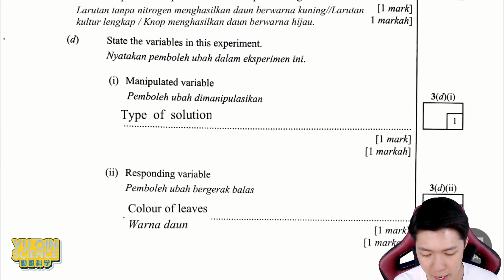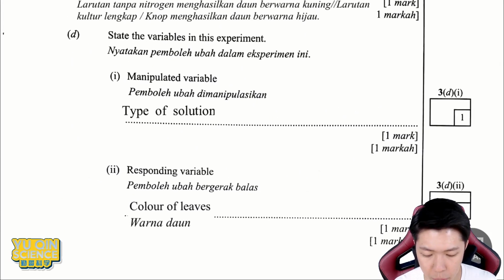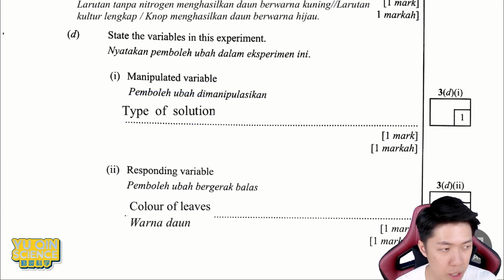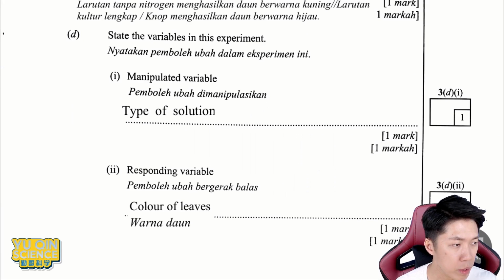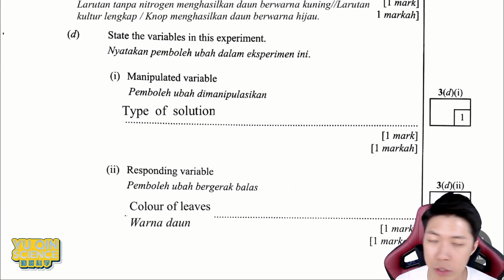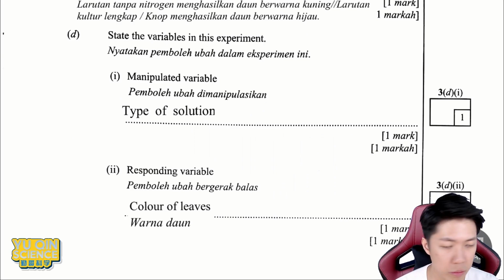Can? Alright, next one. D. State the variable in this experiment. Okay, the manipulated variable will obviously be the type of solution. You can also write the name, like culture solution without nitrogen, or culture solution with complete NOx solution, also can. Up to you.